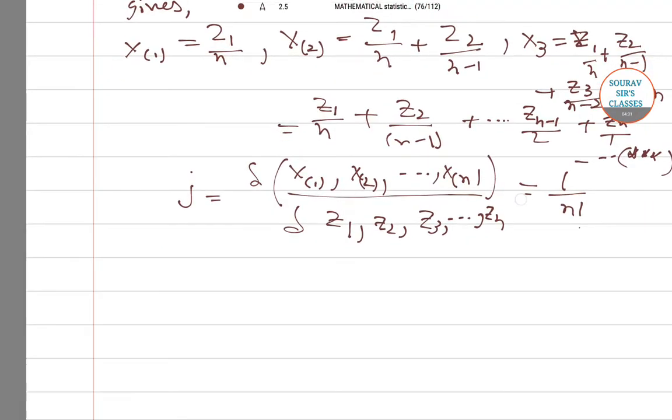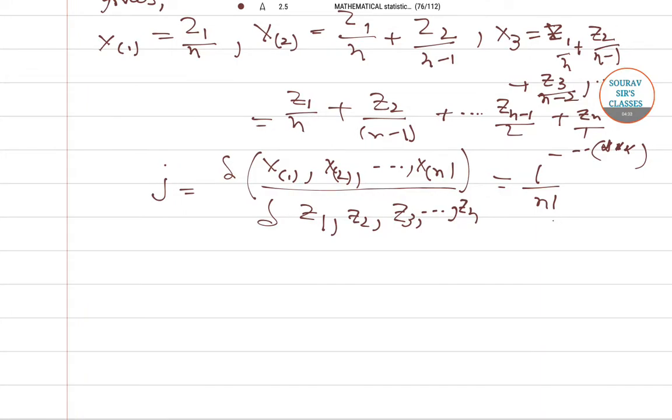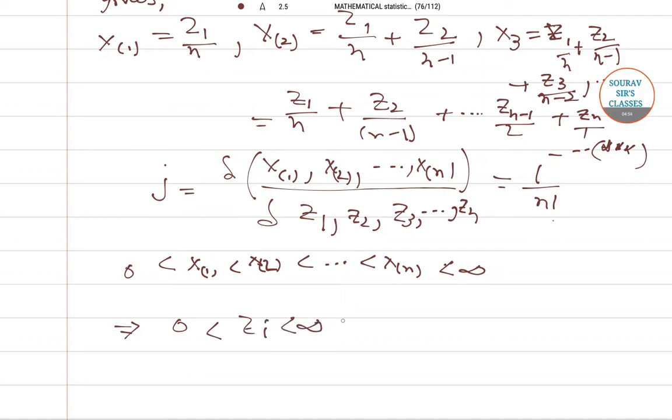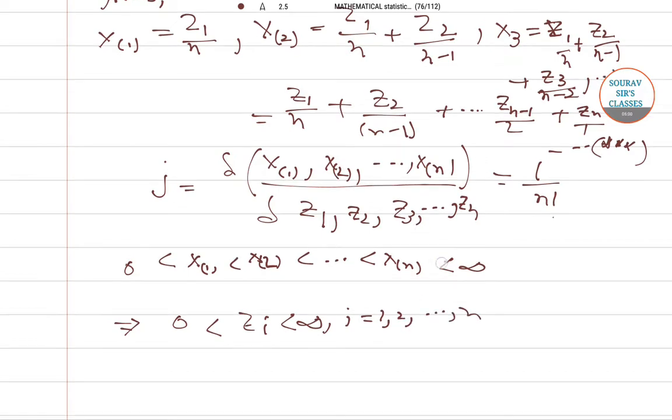Now the range 0 is less than x1, which is less than x2, which is less than ... xn, which is less than infinity, leads to 0 less than zi less than infinity, for i equals 1 to n.